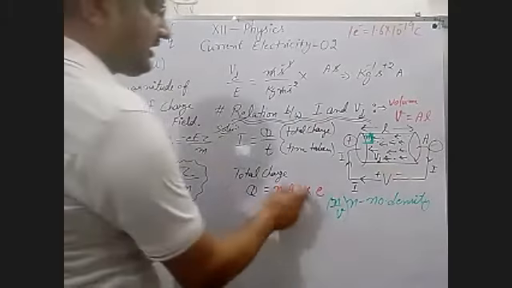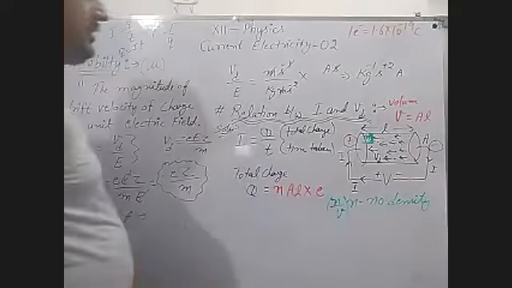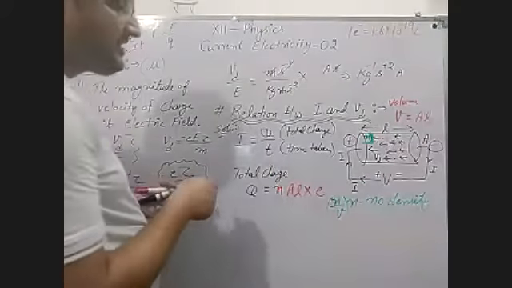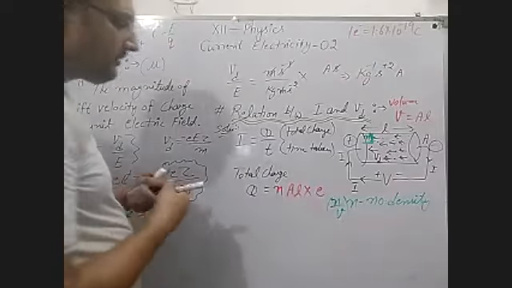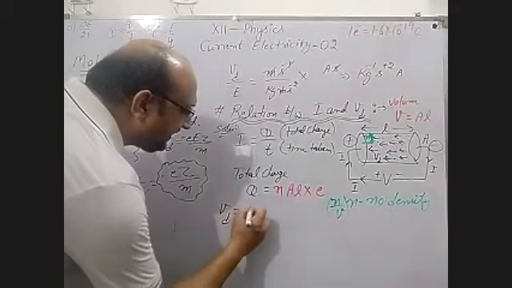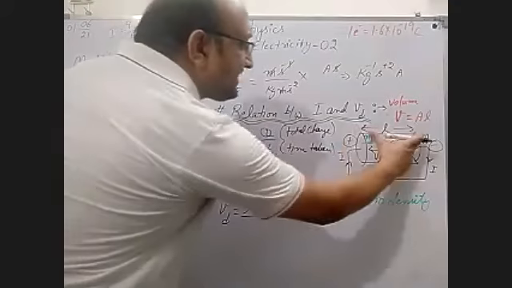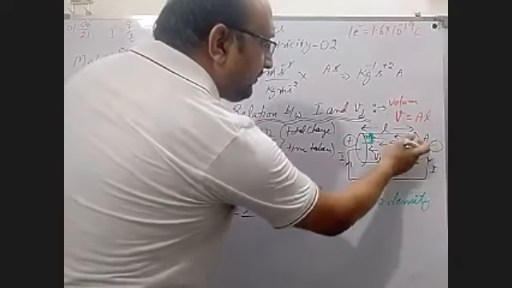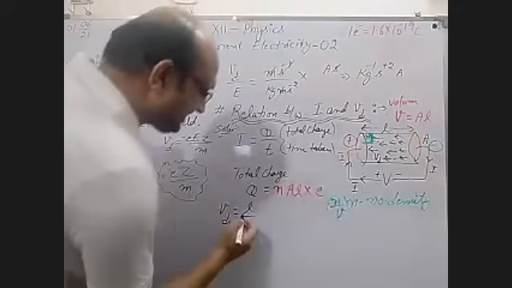In this way, the total charge on the conductor we can calculate. Now, this is the value of Q. Now, what is T? T is time. Now, we know the drift velocity, and the length of the conductor is the distance. For an electron to move from this end to this end, this is L.